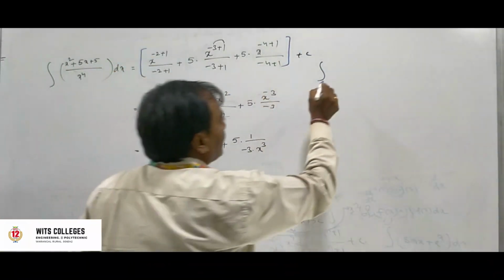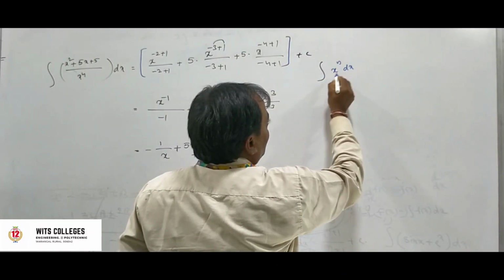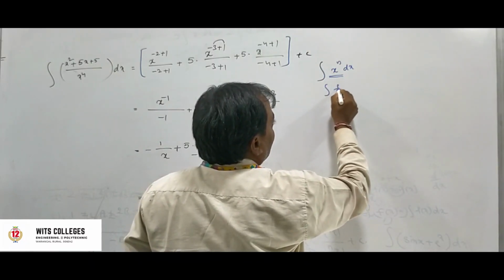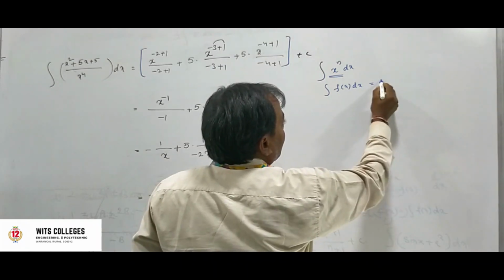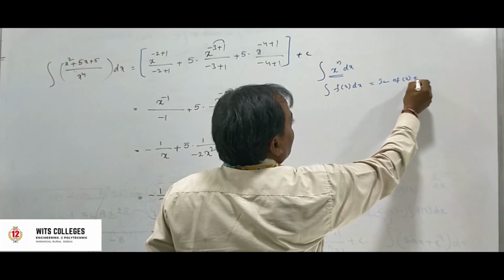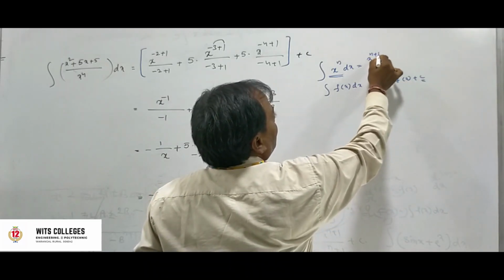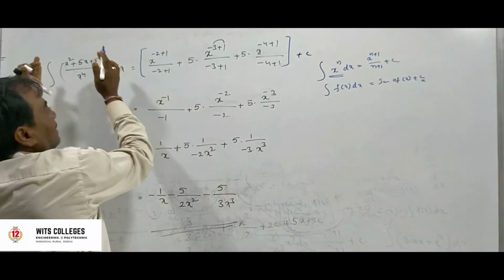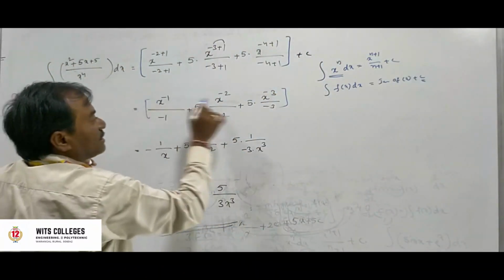So actually integral x to the power of n dx, for example, any integration is given, integral f of x dx equals x to the power of n plus 1 by n plus 1 plus c. It means this total integration value plus c. So that's why here we wrote plus c.